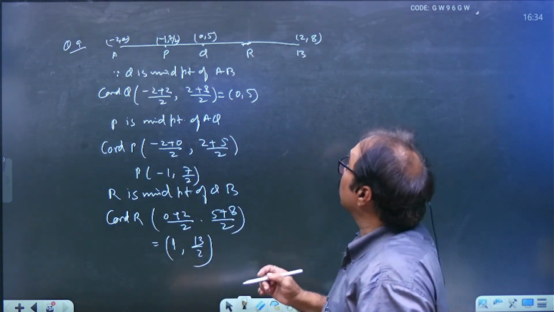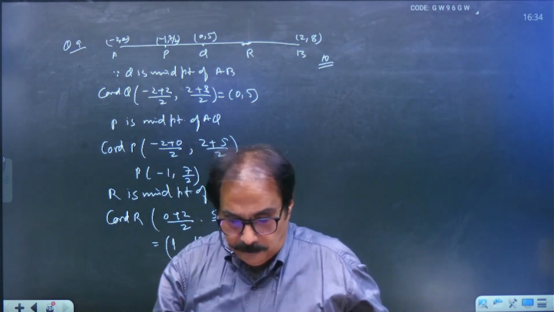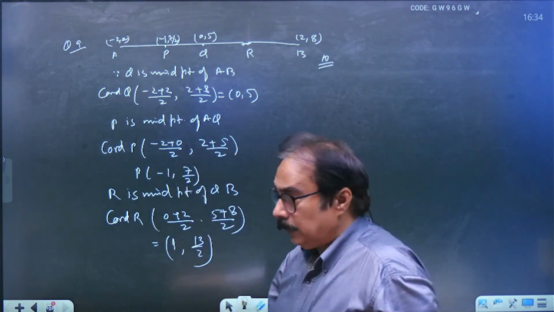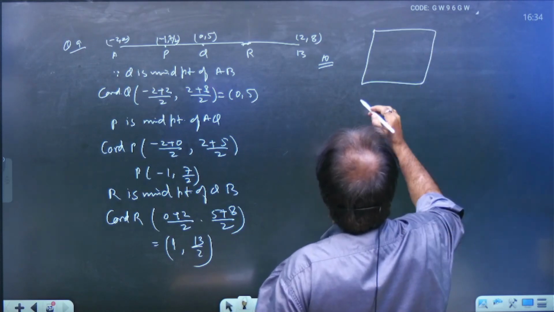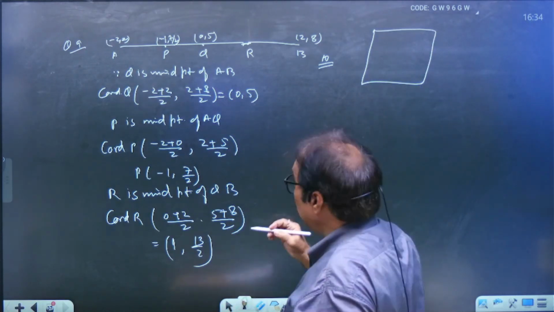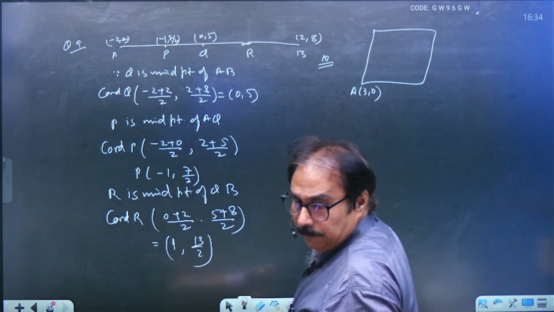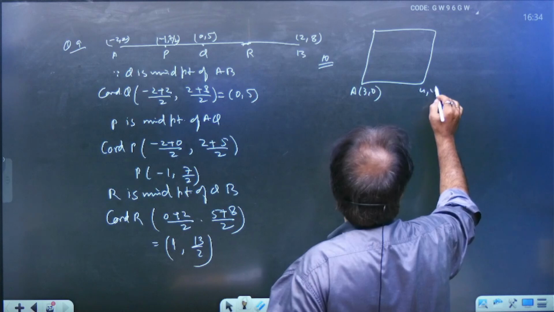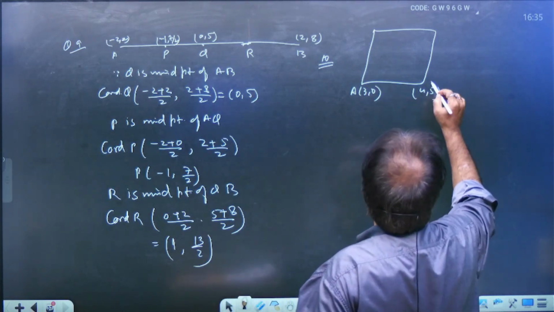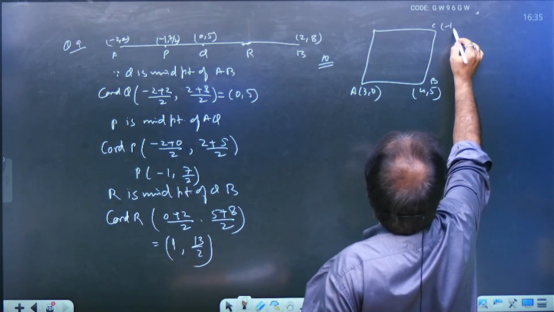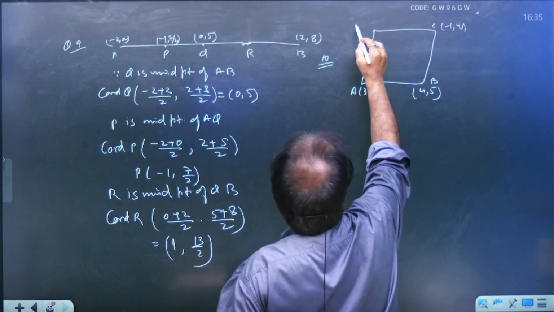Now the last question, I think question number 10 of your exercise. Find the area of the rhombus if the vertices are given. Suppose vertex A is 3, 0 and vertex B is 4, 5 and vertex C is minus 1, 4, and vertex D is minus 2, minus 1.